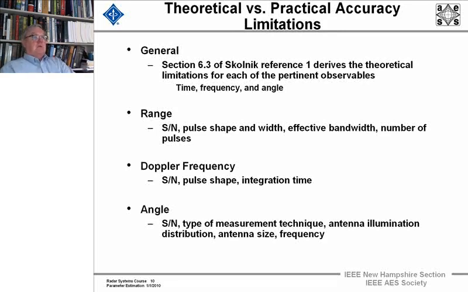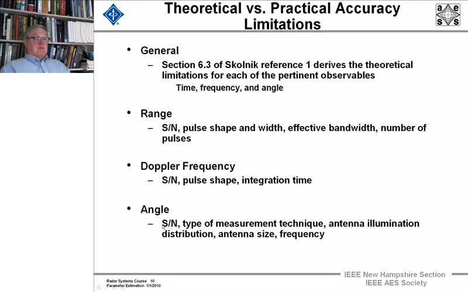In range, it's going to depend on the signal-to-noise ratio, the pulse width, as I mentioned, the effective bandwidth, and the number of pulses. In Doppler frequency, it will depend on the signal-to-noise ratio, the pulse shape, and the integration time.